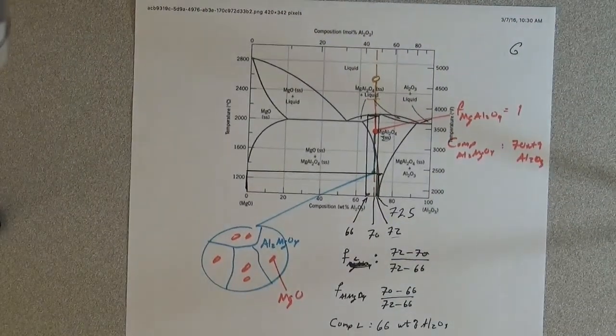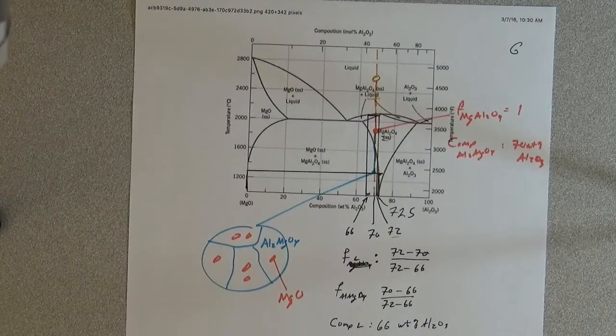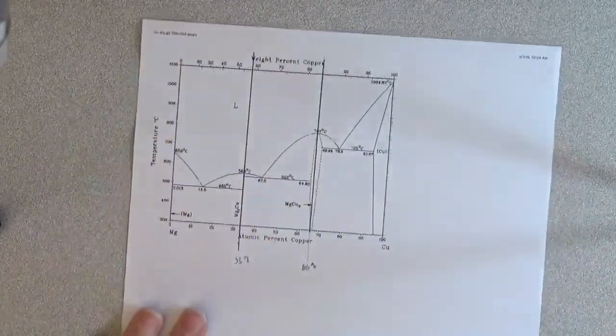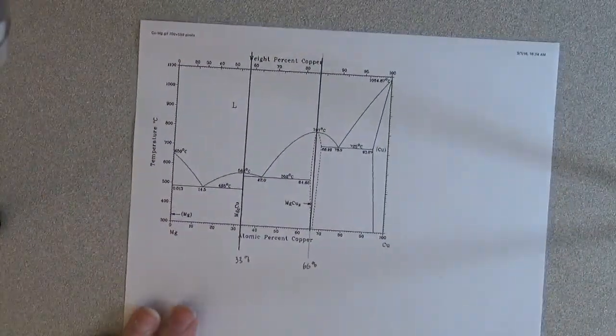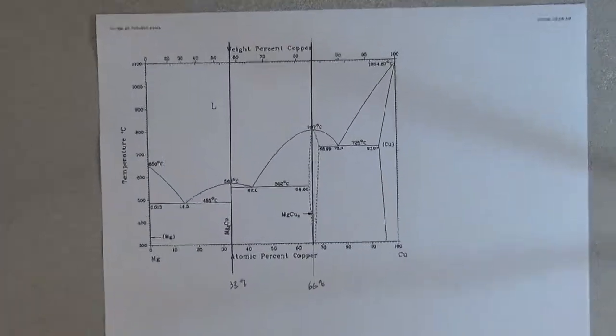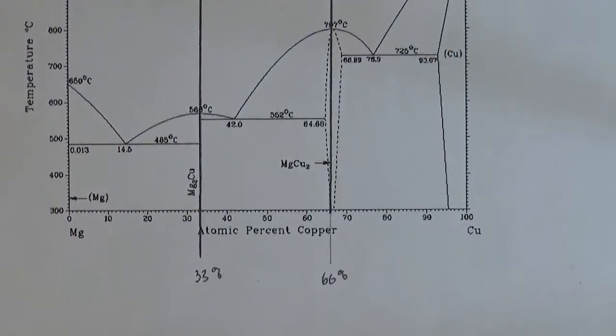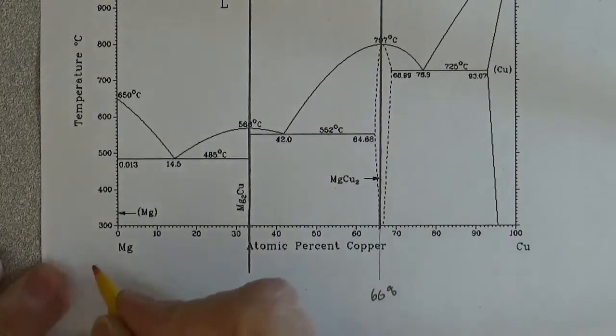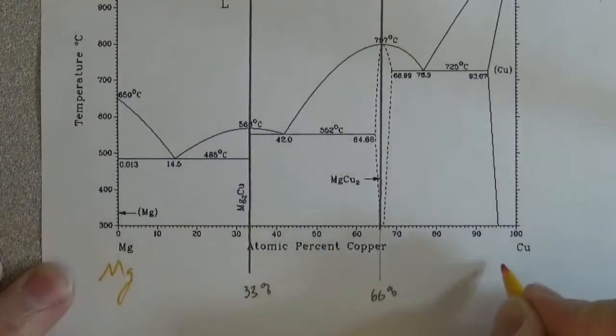So that's one phase diagram where we've seen a little increased complexity. I'm going to go a little faster here. This is another phase diagram, magnesium and copper.